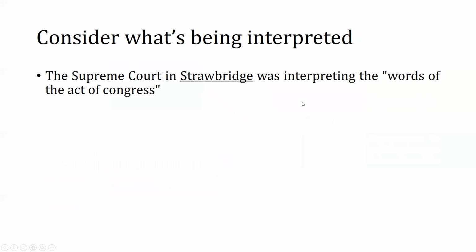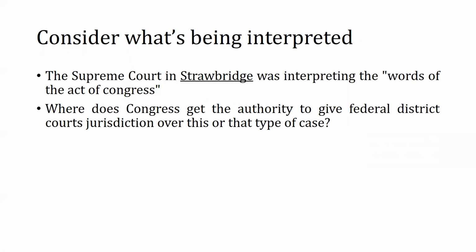Well, what the Supreme Court is interpreting in Strawbridge is the words of the Act of Congress, right? That it's got to be between citizens of one state in which the action is brought and citizens of a different state. Where does Congress get that authority to give federal district courts jurisdiction over this or that type of case?